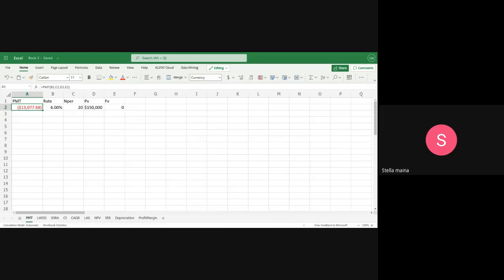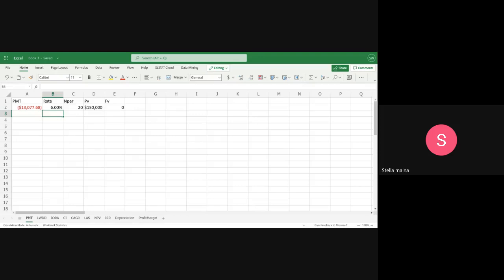So what if we want to find the quarterly payment? This is the annual payment. You're paying this for 20 years and your loan is gaining an interest of 6%. What will happen if you want to make quarterly payments?